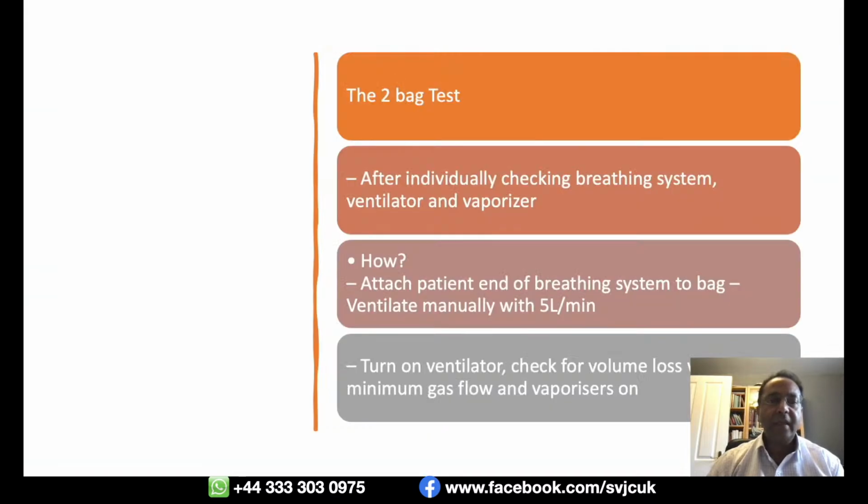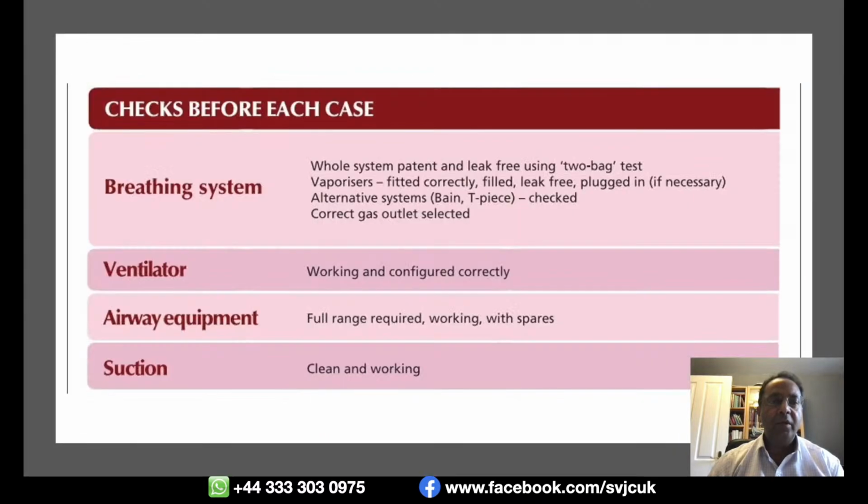The two-bag test makes sure that the closed circuit has no leak, and it talks about how to perform it prior to administering the anesthetic. And when you finish a case, you need to have another quick check of the anesthetic machine before you start anesthetic for the second patient.